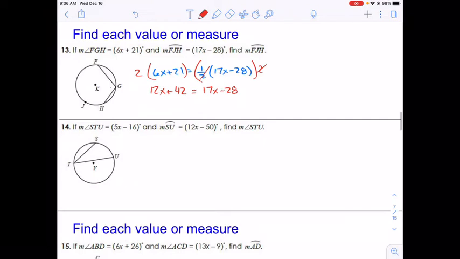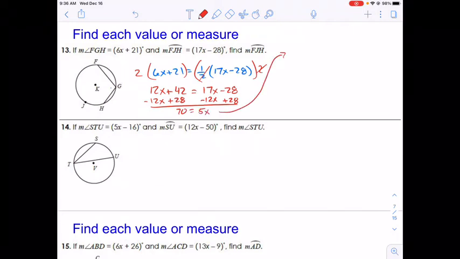Next thing we want to do is bring the x's together, so I'm going to subtract 12x. I'm going to add 28, bring this to the other side. This will give us 70 is equal to 5x. Divide by 5. And x is equal to 14.